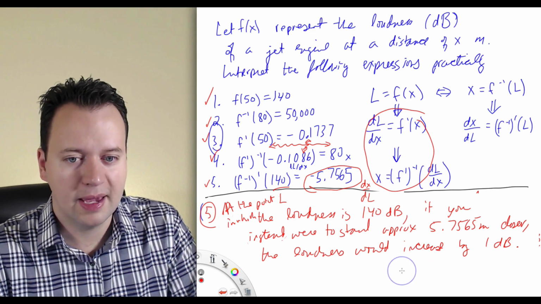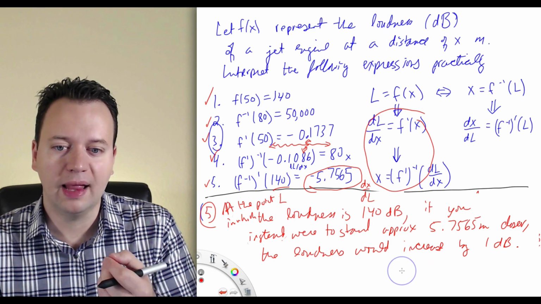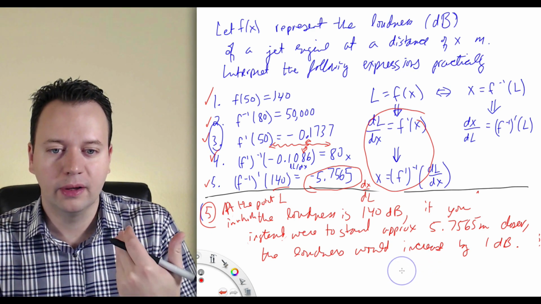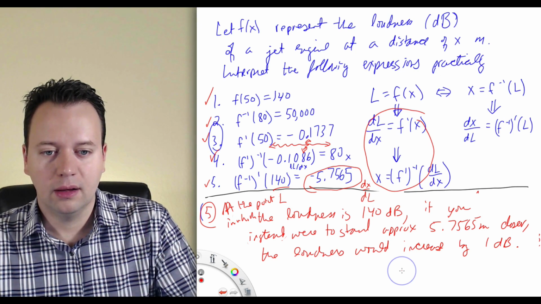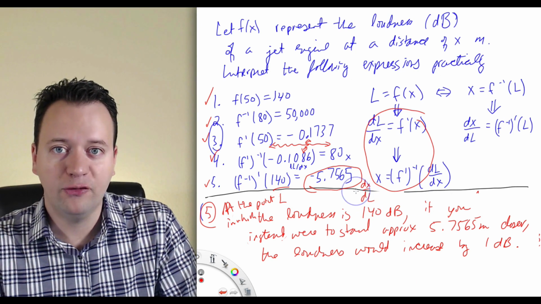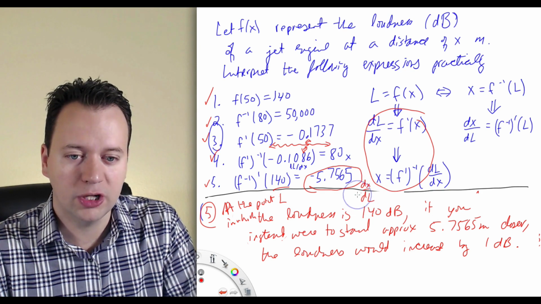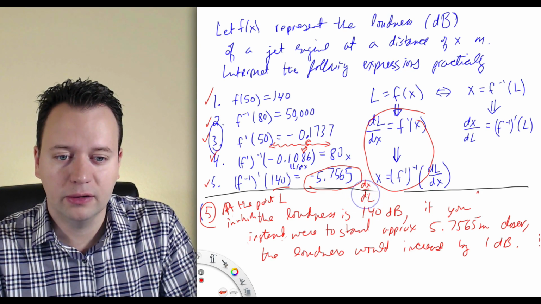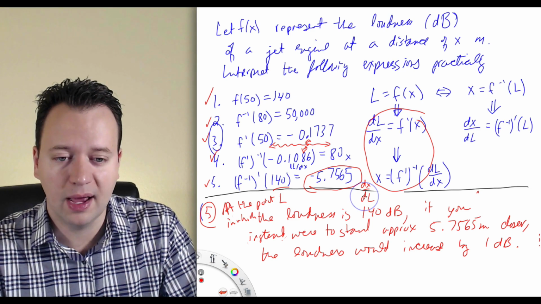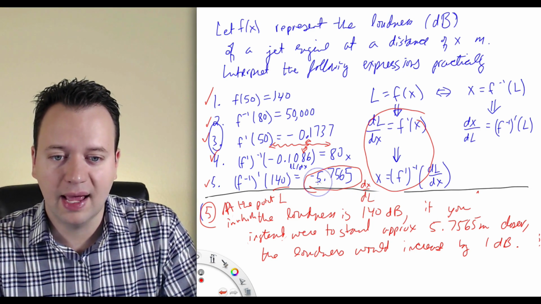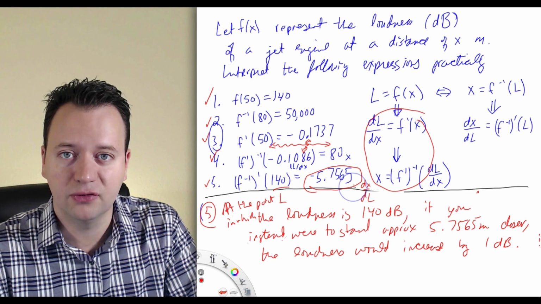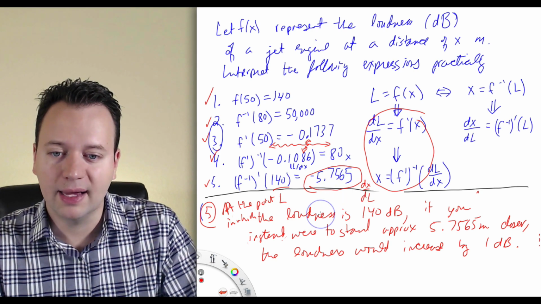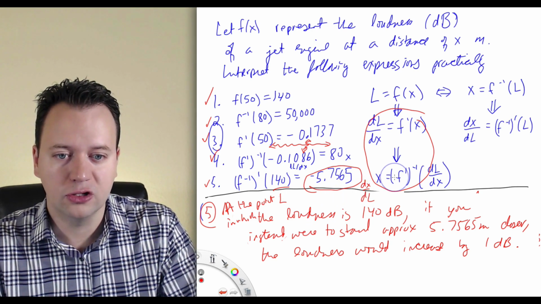So basically, at the point in which the loudness is 140 decibels, in order to increase the loudness by 1 decibel, you would have to stand approximately 5.7565 meters closer. So that's how you would unpackage this one right here.